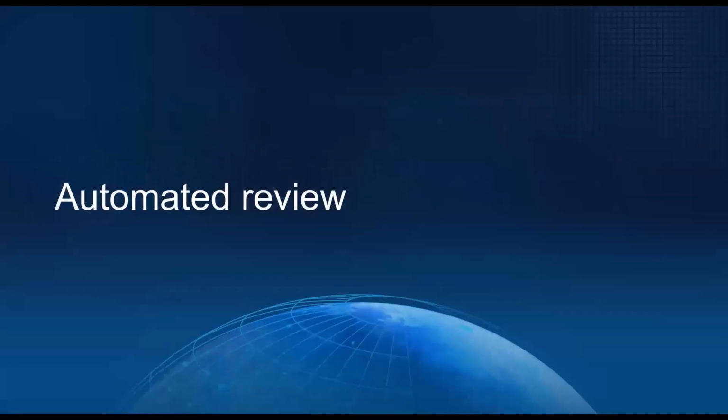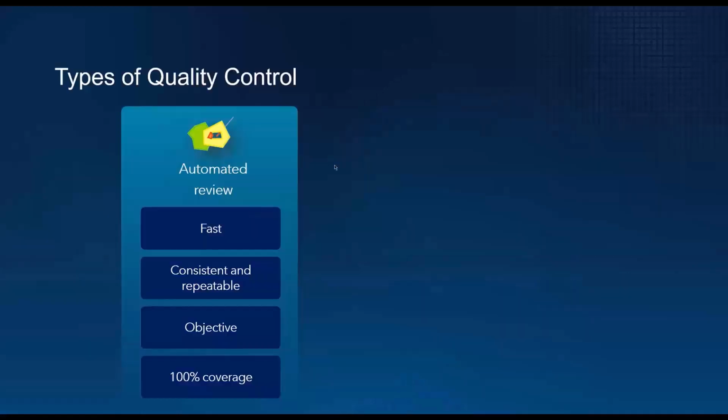In this section, we're going to cover automated review. Automated review is one of the areas that most customers use Data Reviewer to support. This is the ability to use the computer to do the heavy lifting when it comes to assessing the quality of data. Organizations like it because it's fast, it's a computer doing the work. It's also consistent.